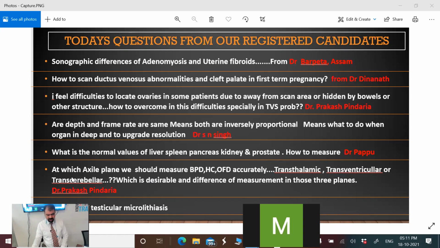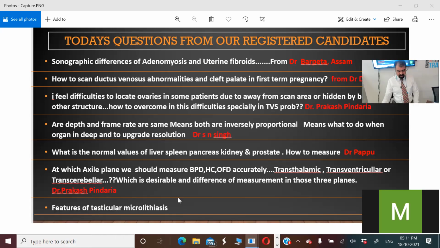So now Dr. Prakash wants to know at which plane I can take accurately BPD, HC, and other things, whether it is transthalamic, transventricular, or transcerebellar. Now the last question, the name is not reflected here, is features of testicular microlithiasis. So these are the set of questions.